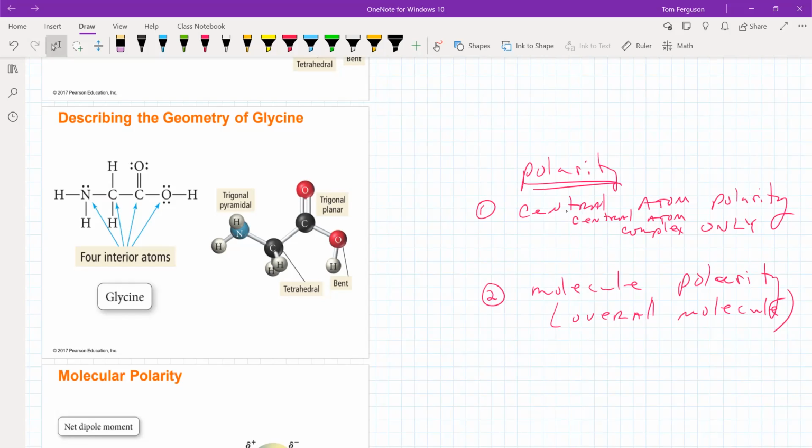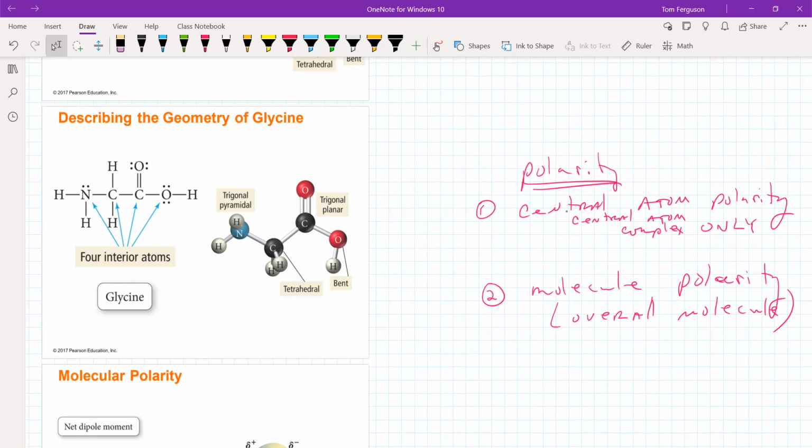And we have this up here. We have a CC, which is going to be 0. We have a CO, which is going to be a little different than this CO, but polar. So this is going to be slightly polar. So overall, this molecule is going to be pretty polar because we've got a number of polar sites and a very nonpolar site.